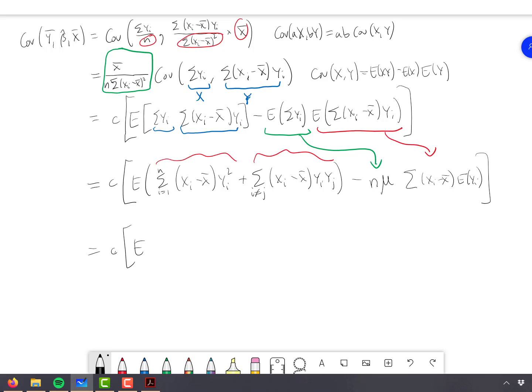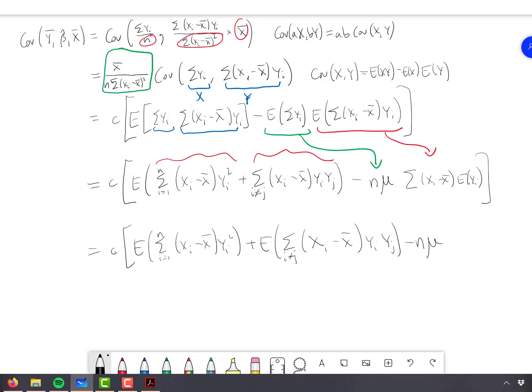So for this first term we really have the expectation of the sum of i equals 1 to n of xi minus x bar yi squared plus the expectation of the sum where i is not equal to j of xi minus x bar yi yj, minus n times mu.